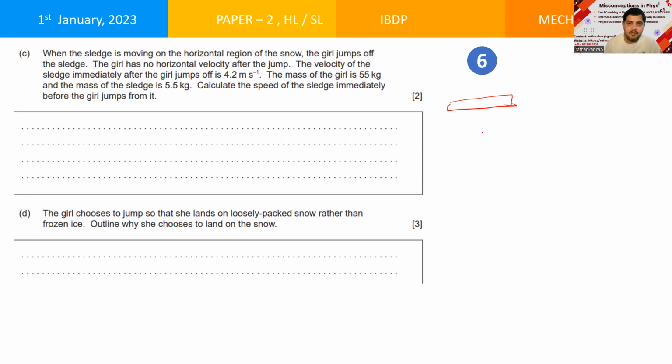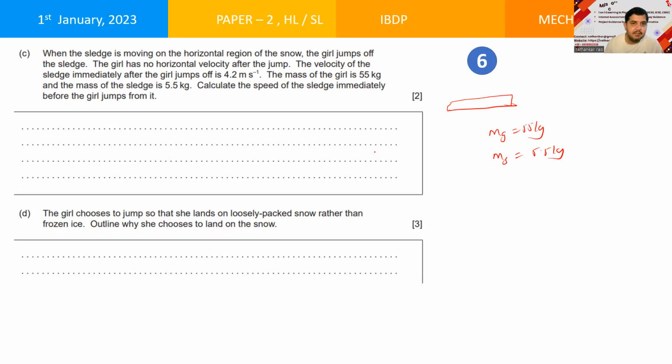The mass of the girl is 55 kgs, and the mass of the sledge is 5.5 kgs. Calculate the speed of the sledge immediately before the girl jumps from it.